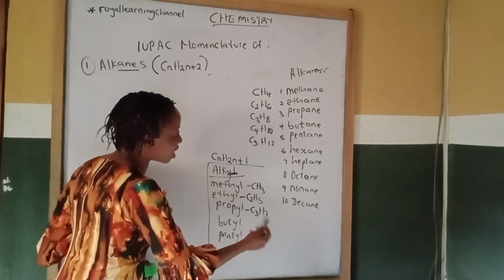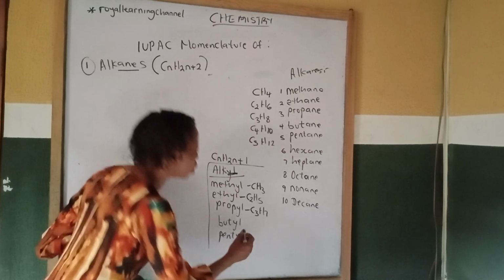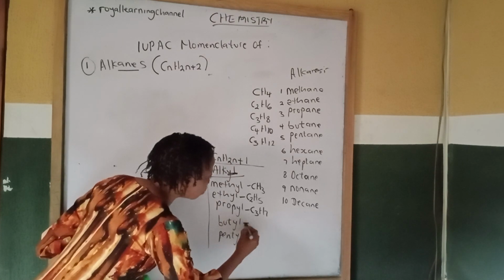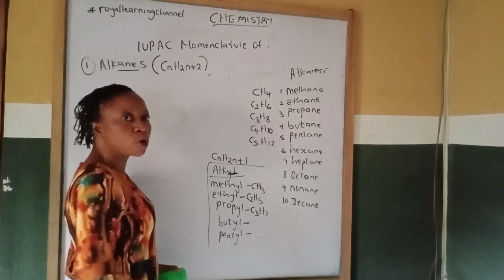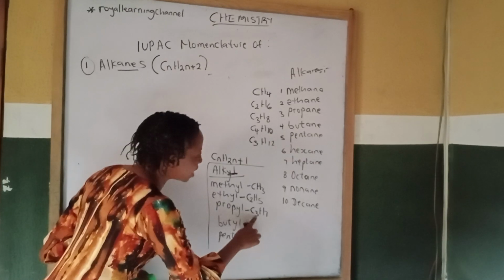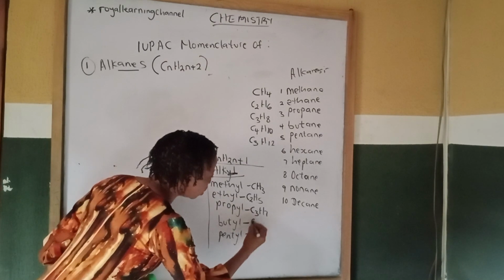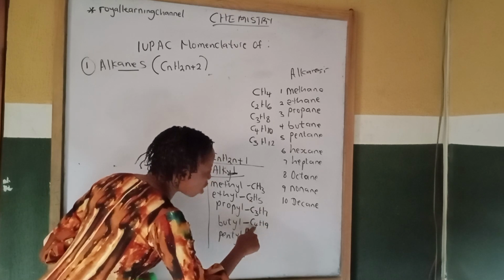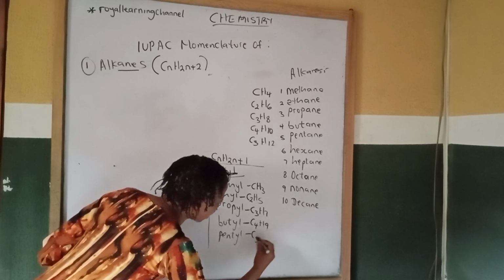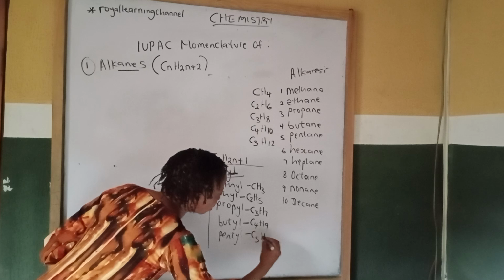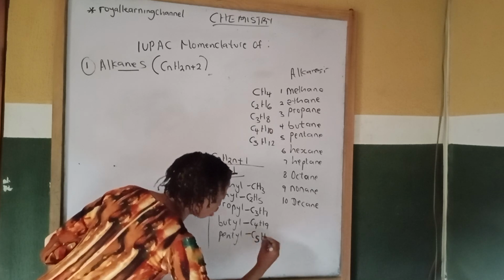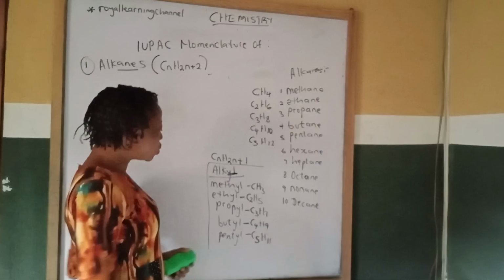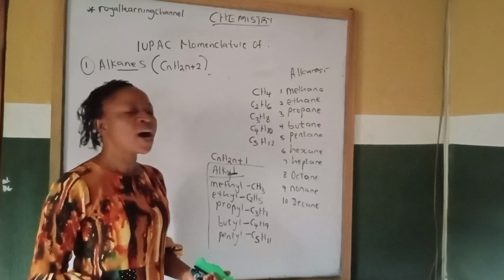So you can just start adding CH2 to get the molecular formula for other members of alkyl. If I add one carbon atom, it will give me C4, then 2 hydrogen atoms will give me H9. Add one carbon atom will give me C5, 2 hydrogen atoms will give me H11. And so on and so forth. So you can derive molecular formula for other members of alkyl like that.